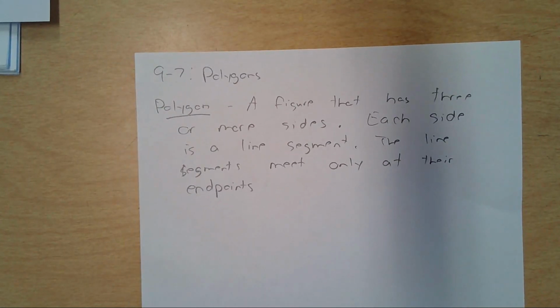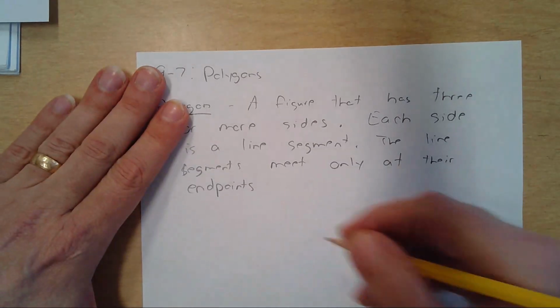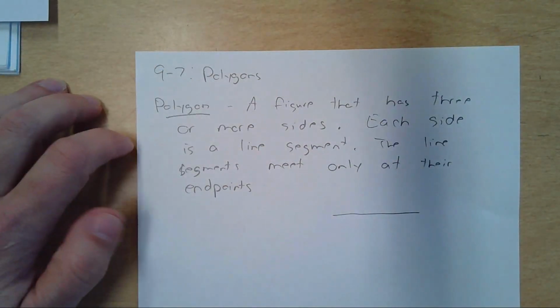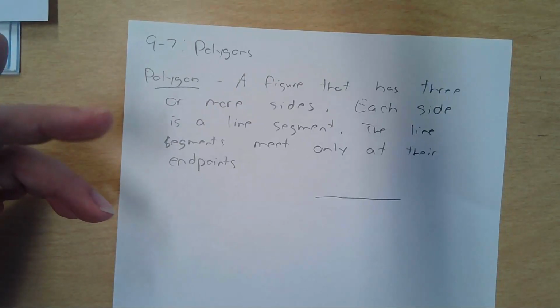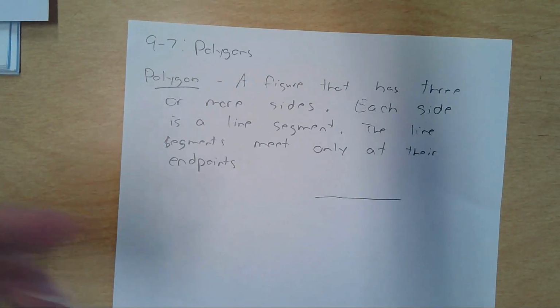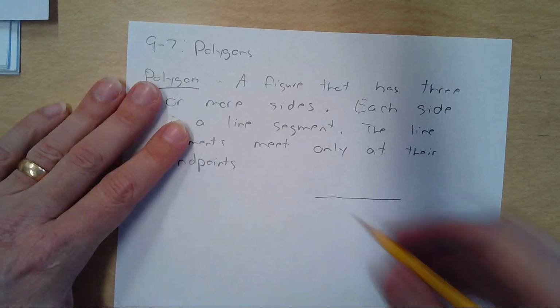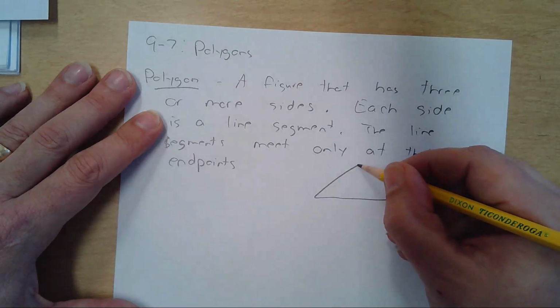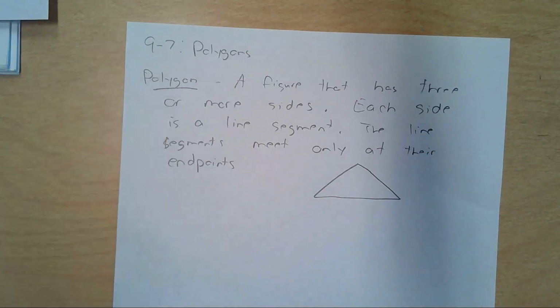Okay, and if you think about it here, a polygon is enclosed. So if I just draw that, that's not a polygon. With polygons, we can find perimeter, area, all sorts of stuff. That's not a polygon, that's an angle. It kind of looks like a triangle, but to truly be a polygon, it has to have a minimum of 3 sides.